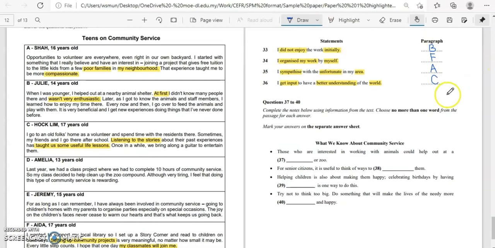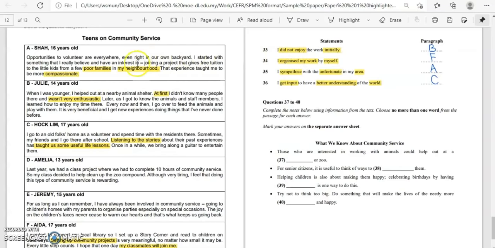So we have the answer for question 33 to 36 already. You notice that just now when I was doing this, I didn't start with the first statement, right? You don't have to follow the order of the question. You can do any one as long as you manage to find the answer from the text. Bear in mind that you always highlight the keywords.